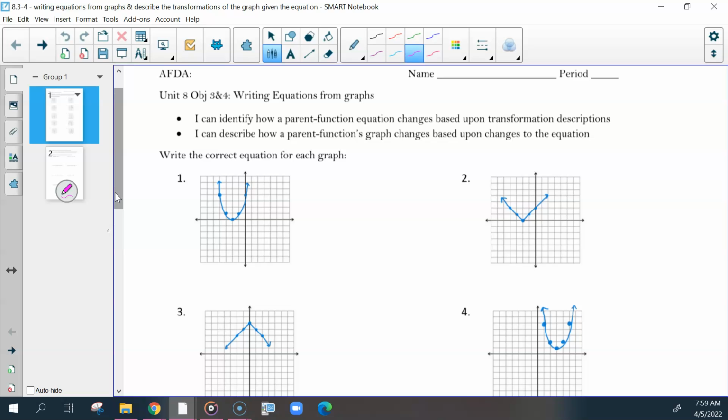So I'm going to draw the parent function on top of a couple of these, but I won't do that for every single one. For quadratics, because this is a U shape, we would always start at 0, 0. And then when it goes 1 to the right and 1 to the left, it goes up 1. And when it goes 2 to the left and 2 to the right, it goes up to 4.